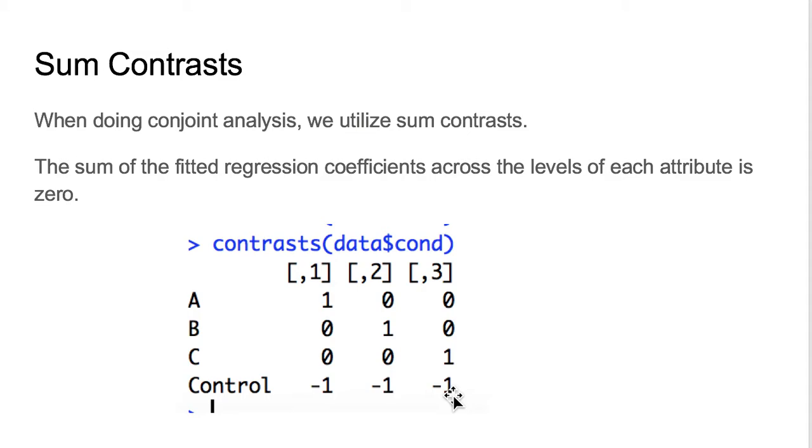When we use the traditional contrast, we might set up the control equal to 0, while the A for attribute 1 is 1, the B for attribute 2 is 1, the C for attribute 3 is 1. However, when we utilize sum contrasts, note that the control for all 3 attributes is -1. In this case, the sum of each level across each attribute is 0.